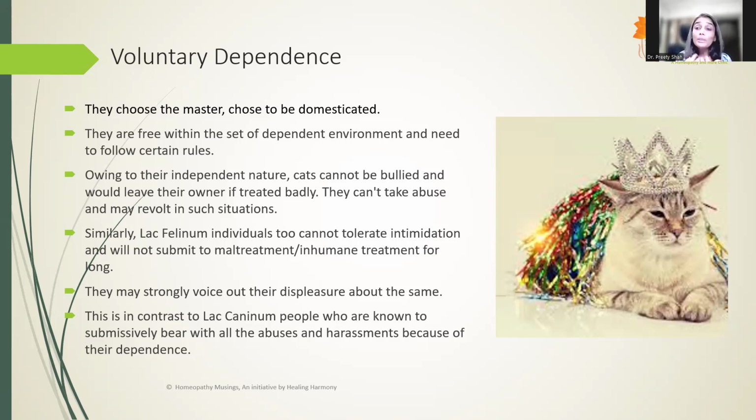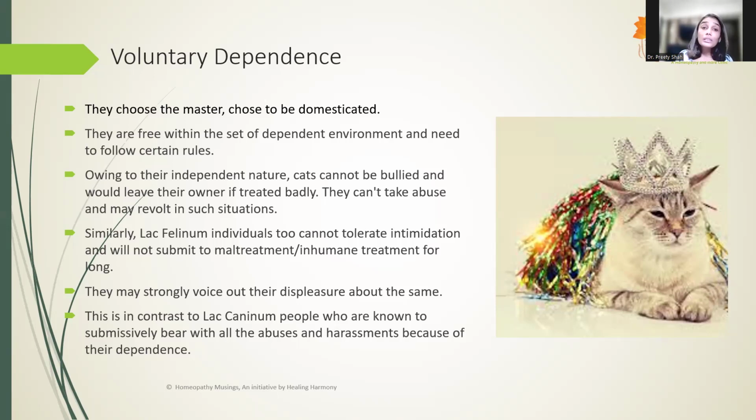And they wanted to be accepted by the humans. So they started behaving in a certain way so that humans could tame them. Unlike dogs or horses or sheep or cows, they are not the ones who were domesticated by human beings.